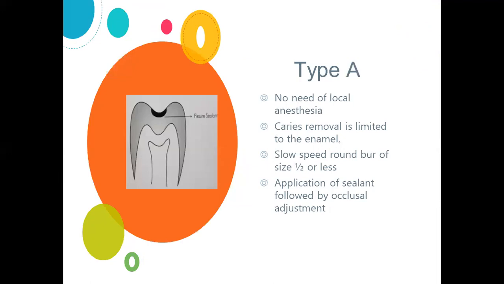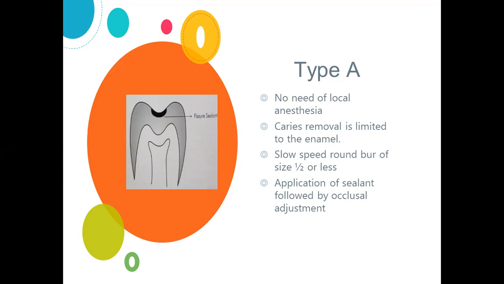So the first one, type A, does not involve the use of a local anesthetic agent since the caries is only limited to the enamel. Here, the preparation size is very small and it is done with the help of a slow speed small round burr of size 1/2 or less. Then it is followed by the application of an acid etching gel.